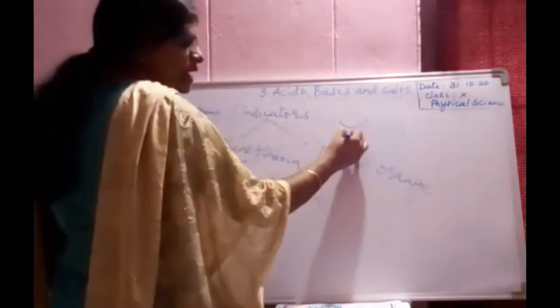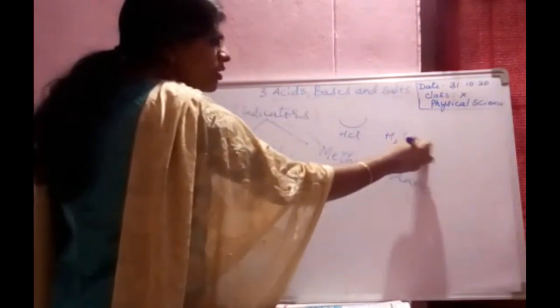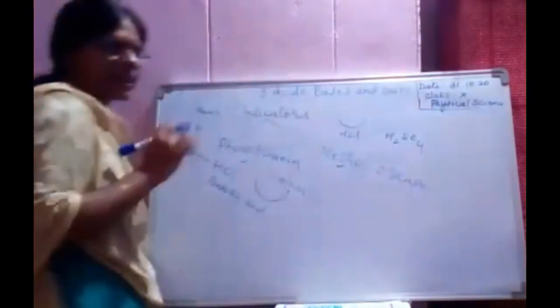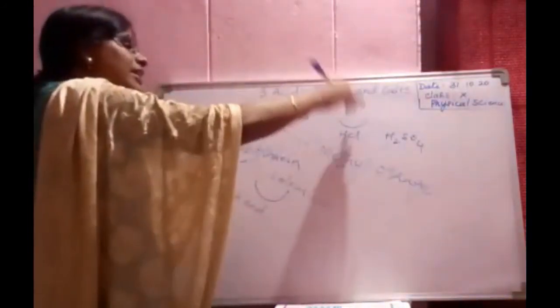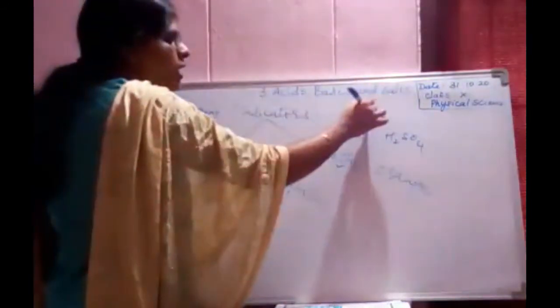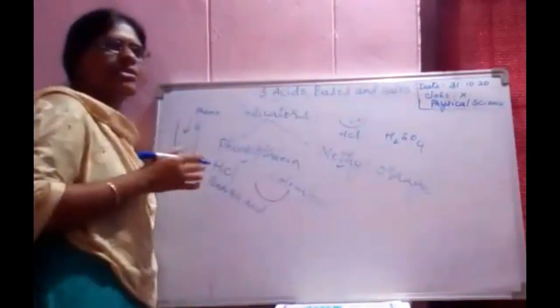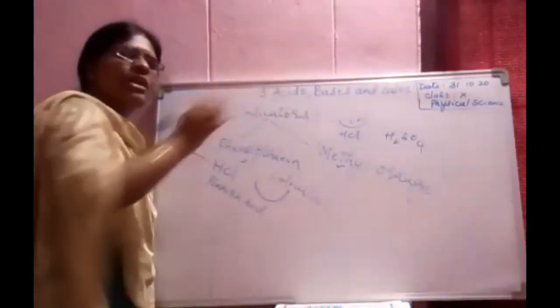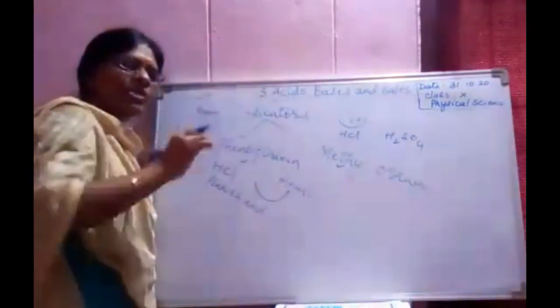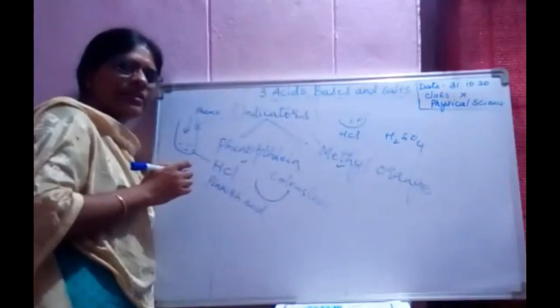On the watch glasses, we are taking HCl, next H2SO4, different things we are taking, and we are testing them. First we are dipping red litmus paper, then we are dipping blue litmus paper. In each of these solutions we are dipping the litmus papers first. Next we are adding indicators.